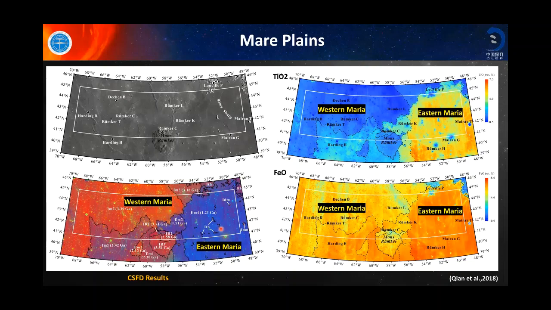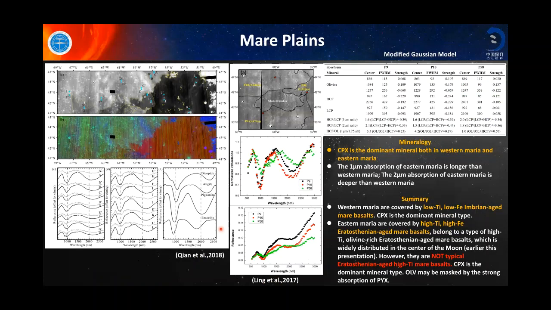Except for elemental composition, we also extracted the spectra of small fresh craters of this region. And we find that not only for the western area, but also for the eastern area, clinopyroxene is the dominant mineral type in this region.